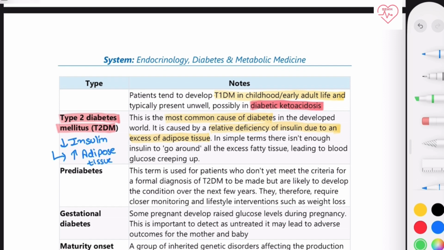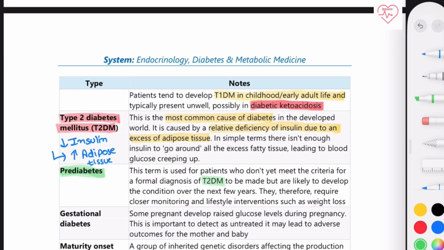Now we'll be discussing pre-diabetes. This is the term used for patients who don't yet meet the criteria for the formal diagnosis of type 2 diabetes. Those patients are not meeting the exact criteria for type 2 diabetes mellitus, but in coming years they can tend to develop this disease.